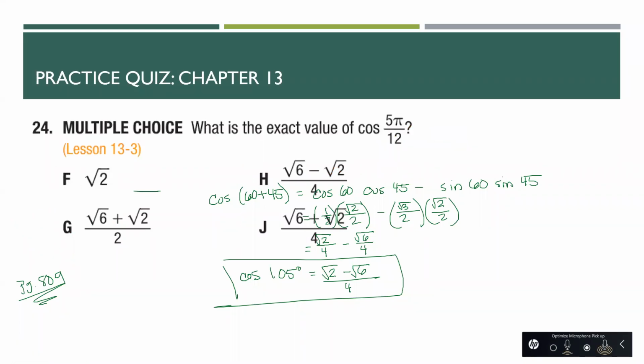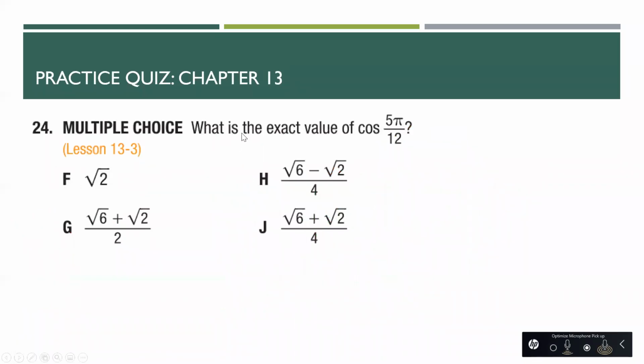All right, and then here, similar problem, but this time it gives the measure in radians. So this is what is the exact value of cosine of 5 pi over 12. Since it's just like the problem we just did, except this is not in degrees, what I would do is just change it to degrees. So I've got 5 pi over 12, and I'm going to multiply that by 180 over pi to change it to degrees.